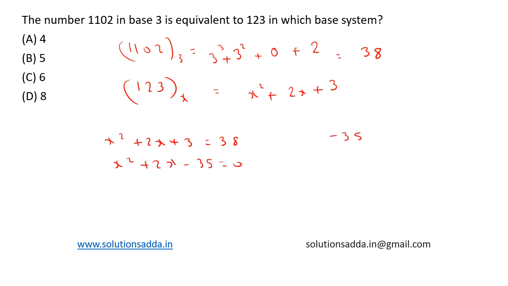For minus 35, the roots can be 7 and minus 5. So x plus 7 into x minus 5 is equal to 0. x is equal to minus 7 or x is equal to 5. The radix can only be positive, so x equal to 5. So option B, 5, is the right choice.